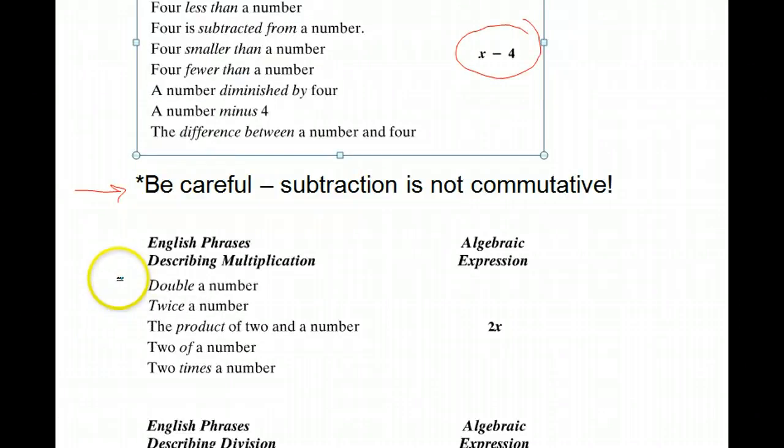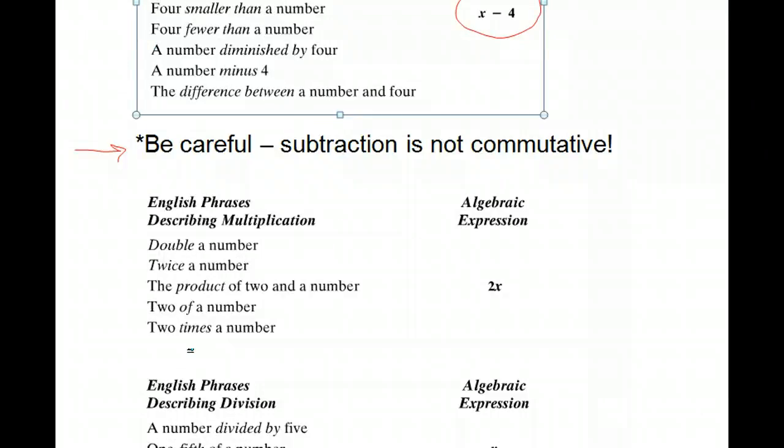The next set of phrases are phrases that describe multiplication. So we have phrases such as double a number, twice a number, the product of 2 and a number, 2 of a number, 2 times a number. These are all phrases that represent 2x.